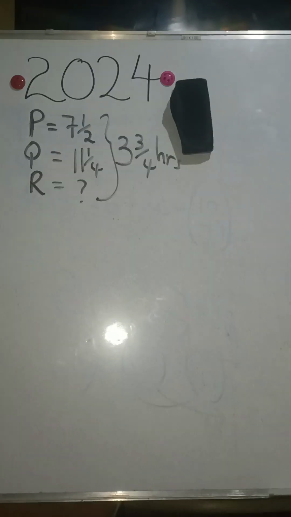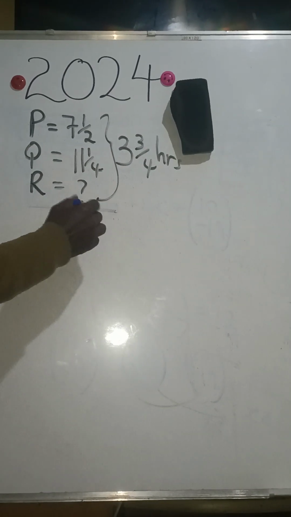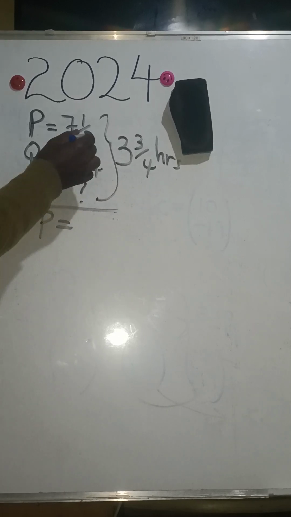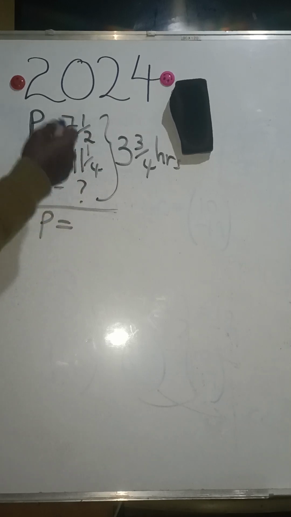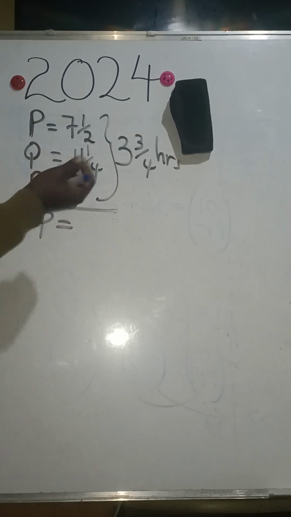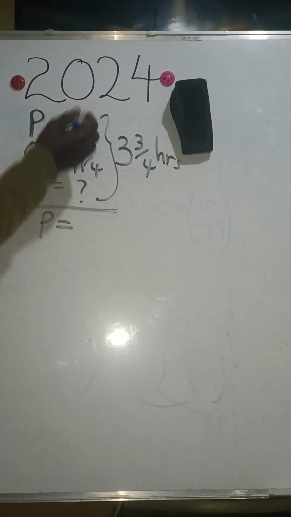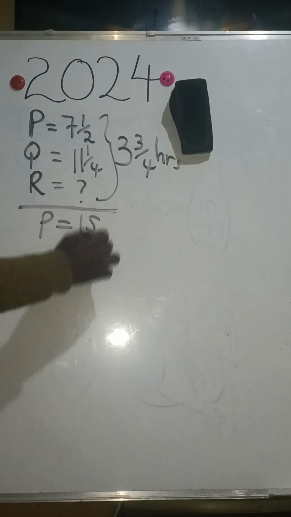So what are we going to do here? We can first write these hours, which are given as mixed fractions, in form of improper fractions. So P can take 2 times 7, that is 14, plus 1, that gives us 15/2.